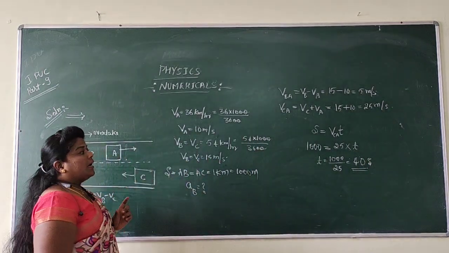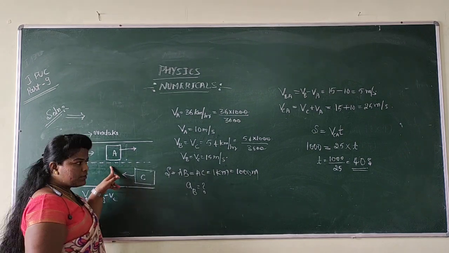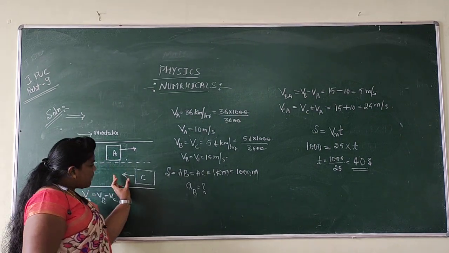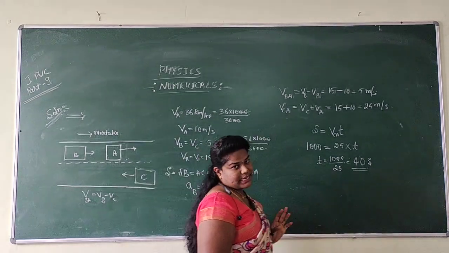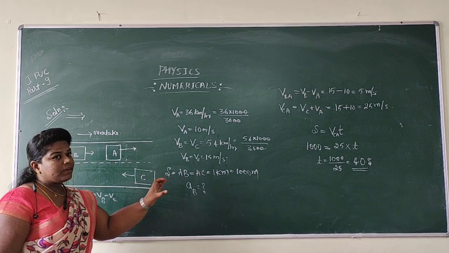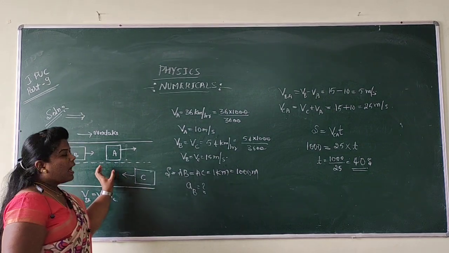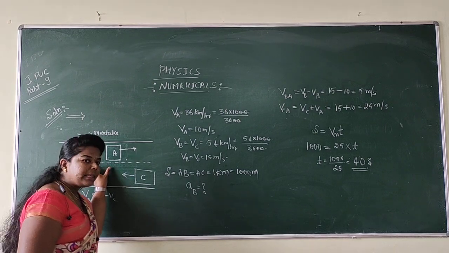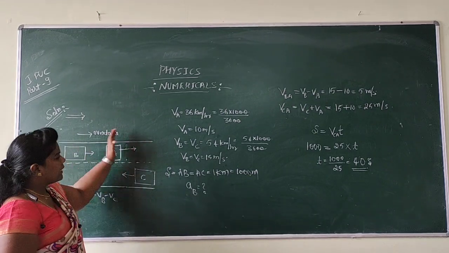So the time taken by car C to approach A, over a distance of 1 kilometer, is 40 seconds. With the same 40 seconds, car B approaches car A, maintains a distance of 1 kilometer, and again B accelerates to overtake A.